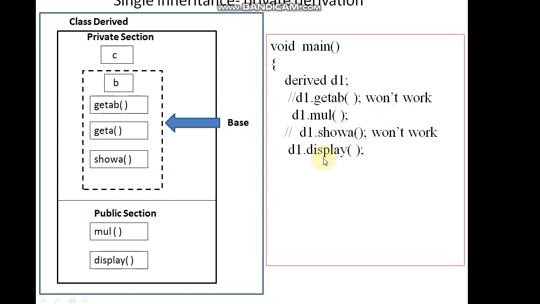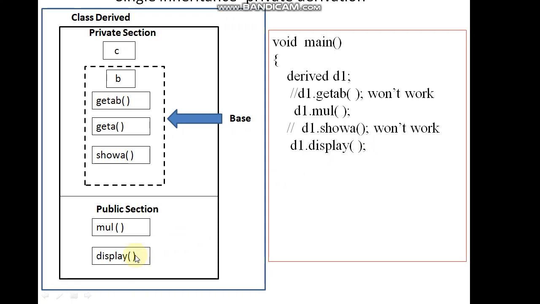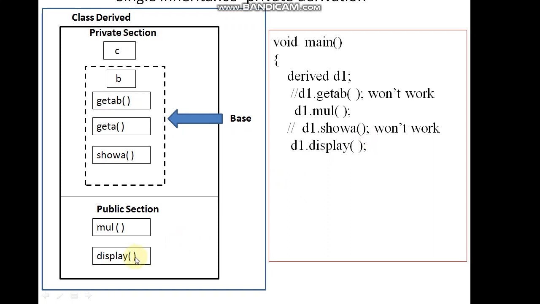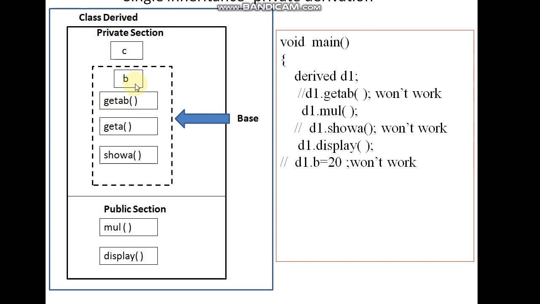The display function can be accessed here as it is a public member function. Now B cannot be assigned 20 because B is private to the derived class. We cannot access it in the main function. The multiplication function can be called, display can be called.